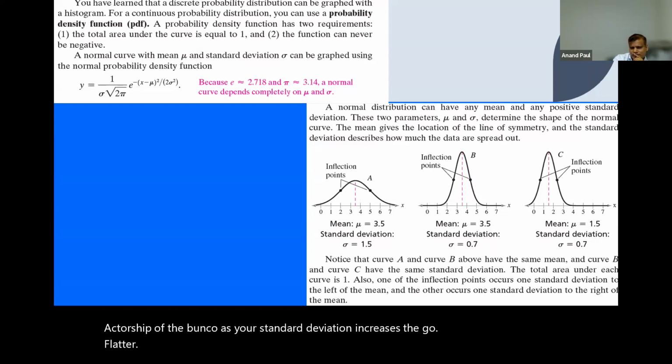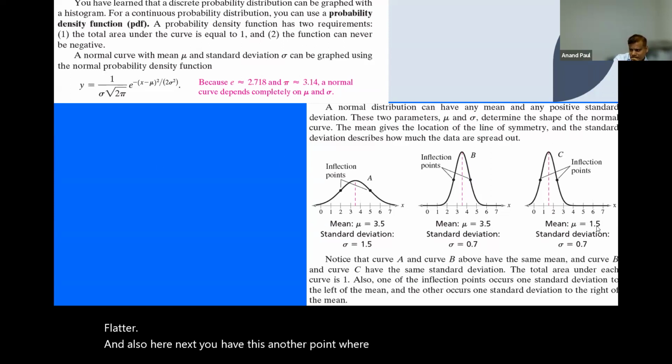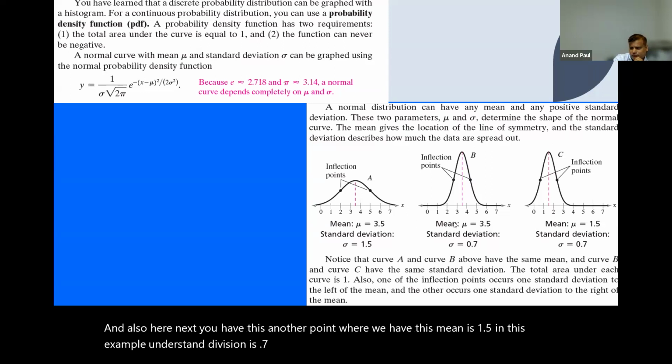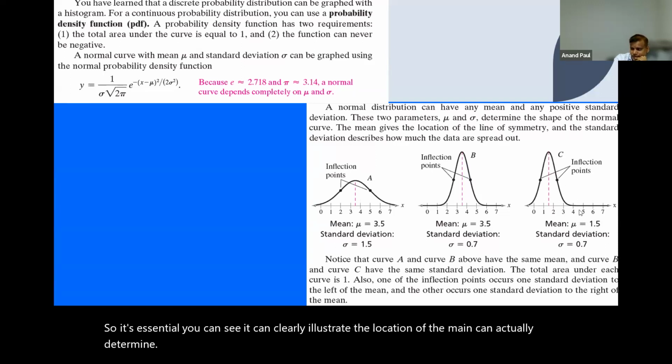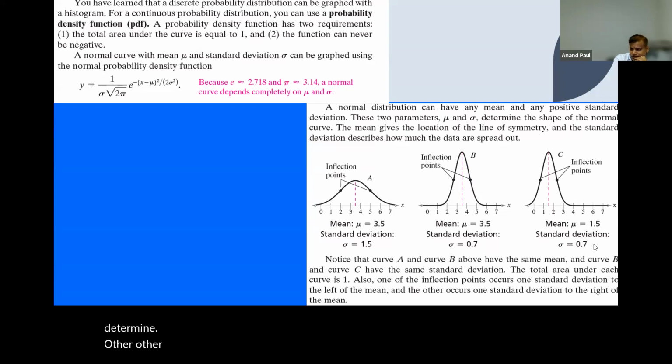And next you have another example where the mean is 1.5 and the standard deviation is 0.7. So unlike the other two, here the mean we have is 1.5. You can see it illustrates the location of the mean, but the standard deviation remains the same.